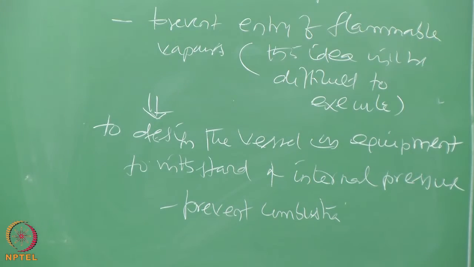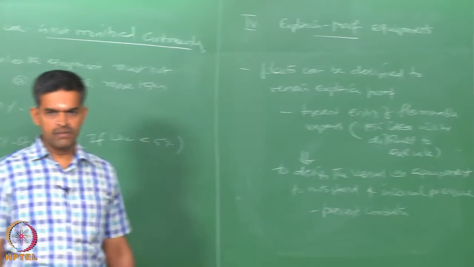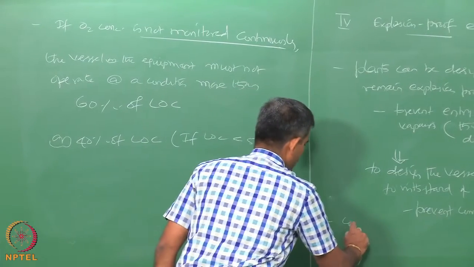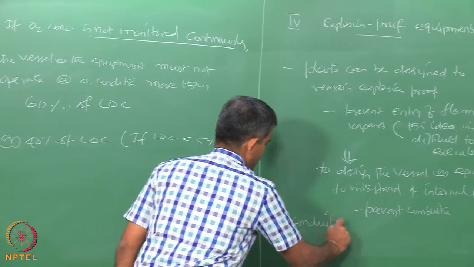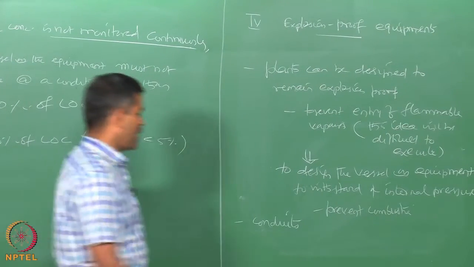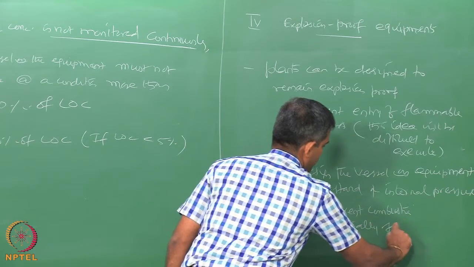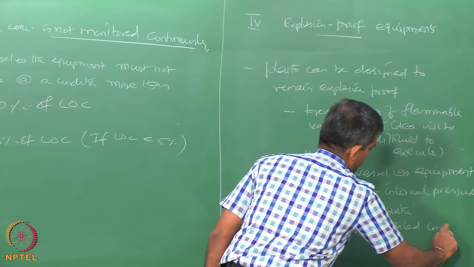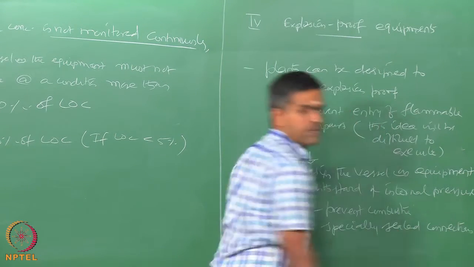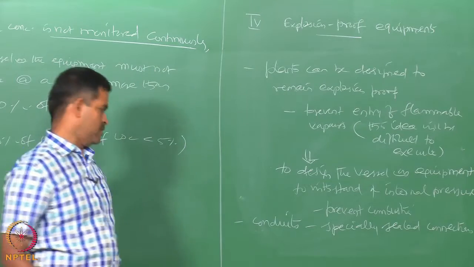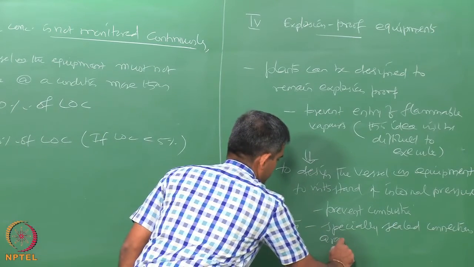So, there are some practical examples of what people generally follow as explosion proof equipment. One can use conduits which have specially sealed connections around the junction.